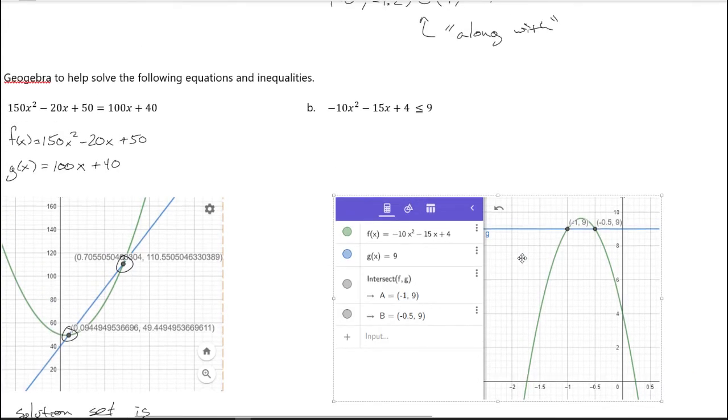There we go. All right, I wanted to write in, I didn't do this before, and I should have, that f of x equals negative 10x squared minus 15x plus 4, and g of x equals 9. Let those two things, we're defining those.